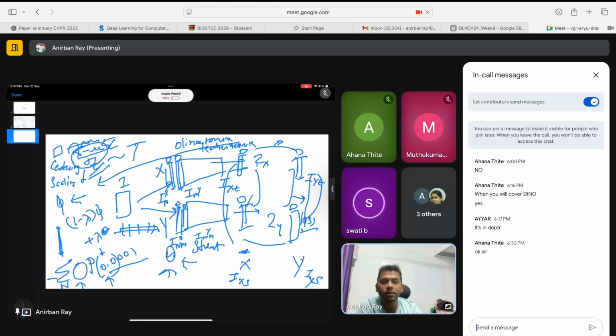In classical knowledge distillation, the student learns from the teacher. But here, the teacher also learns from the student.